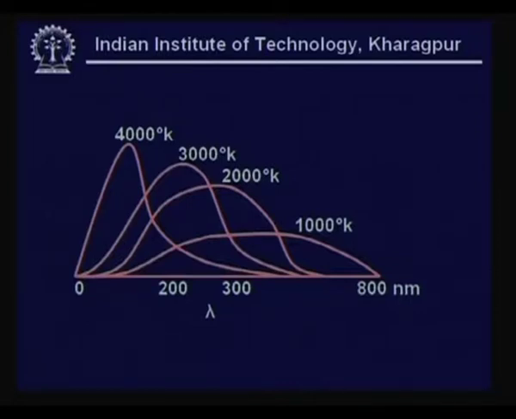As may be seen, for the curve corresponding to the body maintained at 4000 degrees Kelvin, the spectral maxima is around 100 nanometers, whereas that for 3000 degrees Kelvin is around 200 nanometers, that for 2000 degrees Kelvin is around 275 nanometers, and 1000 degrees Kelvin has around 400 to 500 nanometers.